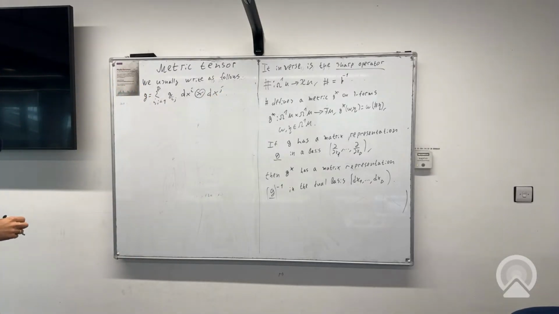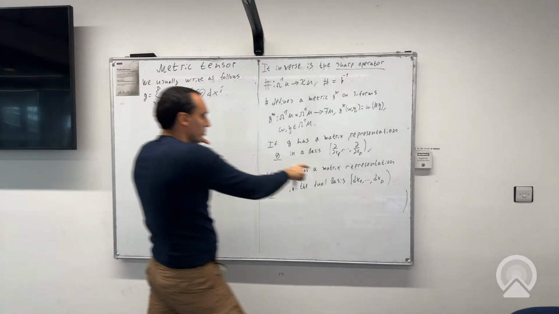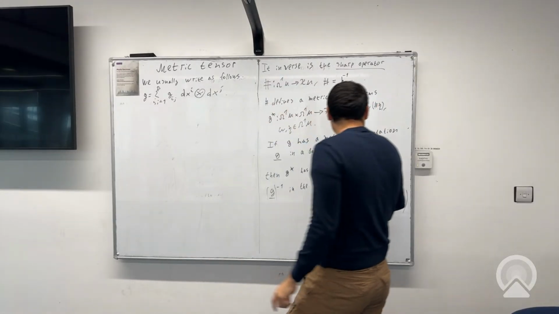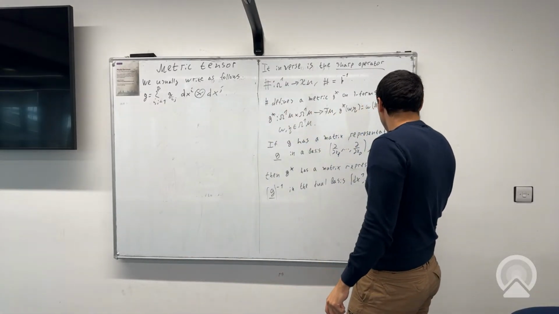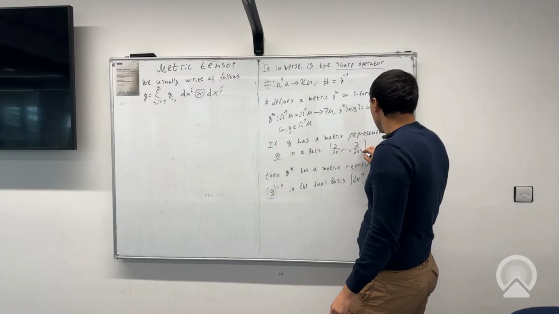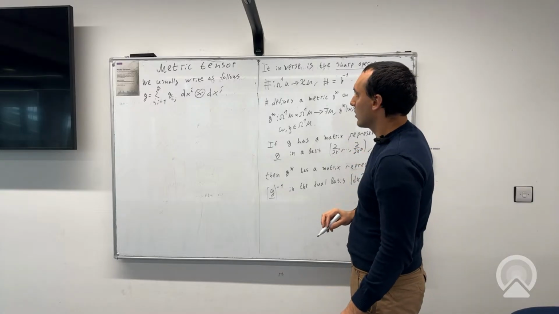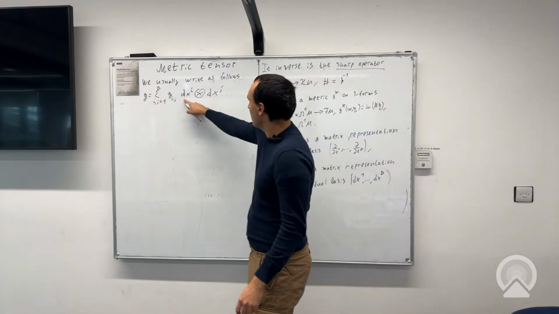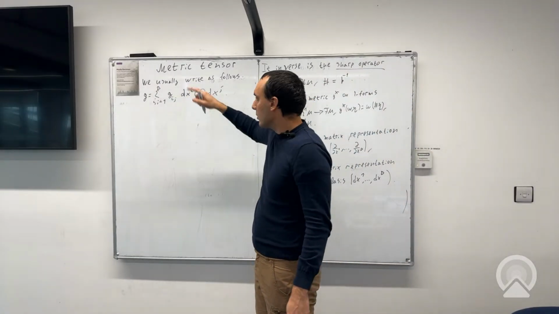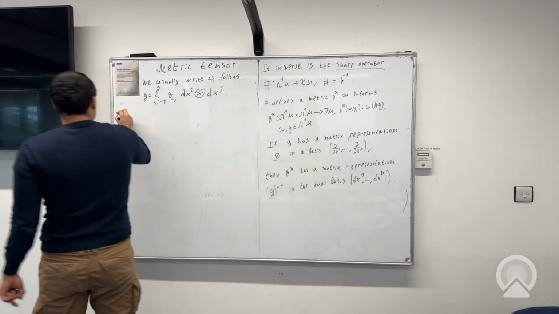Maybe I should have used upper indices, so here upper indices and here upper indices as well. Is this dx^i, the basis vectors or the basis forms? Basis forms.